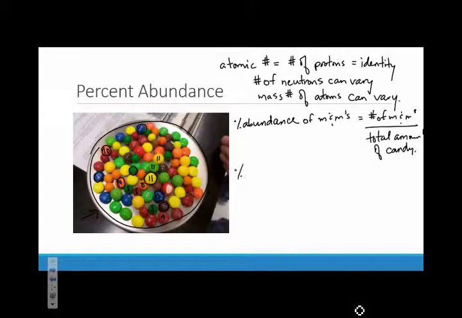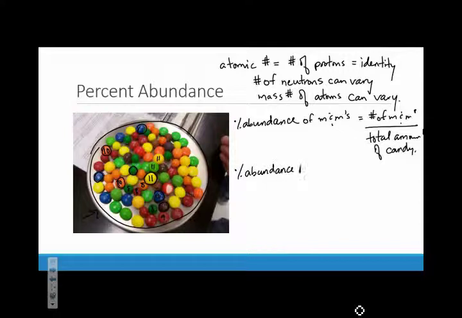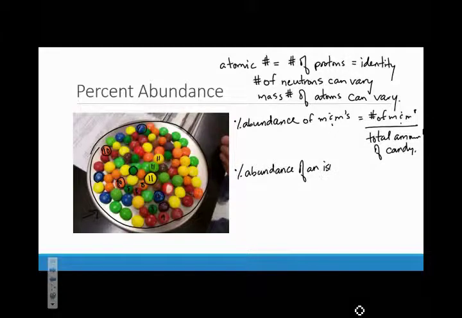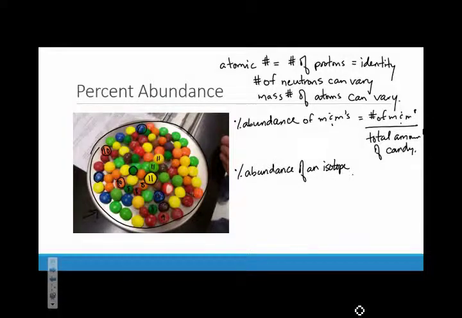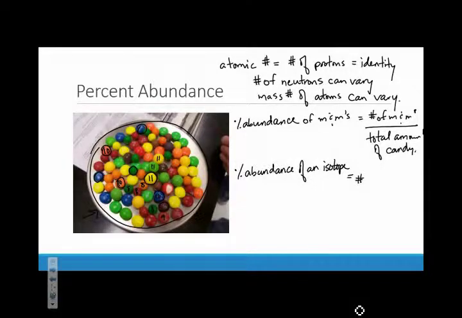When we talk about percent abundance of a particular isotope, it's because somebody, somewhere, has gone through and counted, using probably some mass spectroscopy, which is a really expensive instrument, how many of a particular isotope there is.